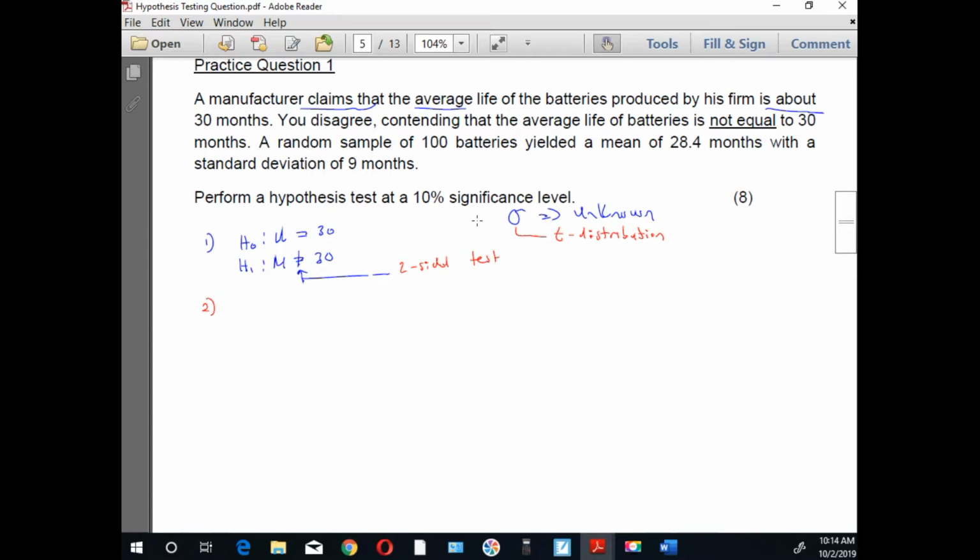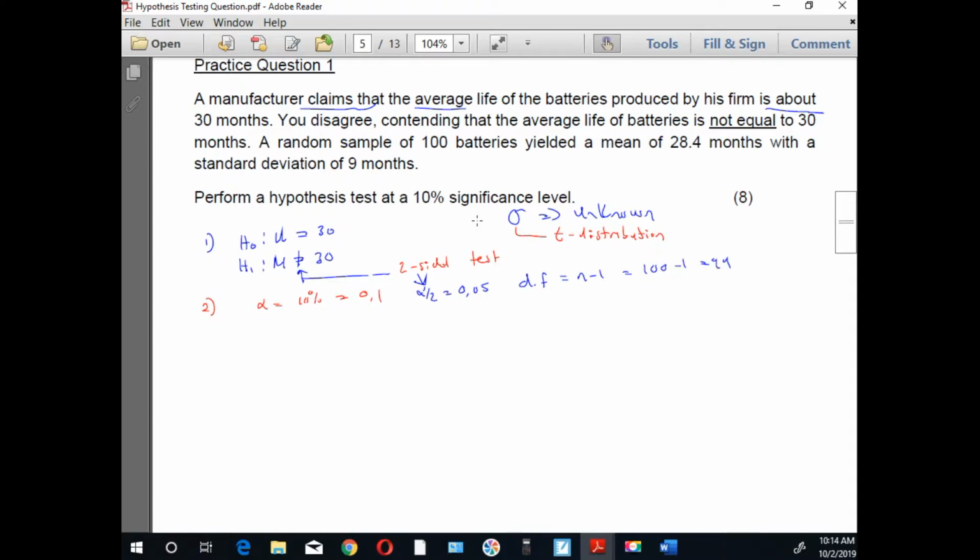We know we're going to need alpha equals 10%, which is 0.1. But since it's a two-sided test, we're going to have alpha divided by 2, which is 0.05. Since it's a t-distribution, degrees of freedom is equal to n minus 1. Our n is 100, minus 1 is 99.